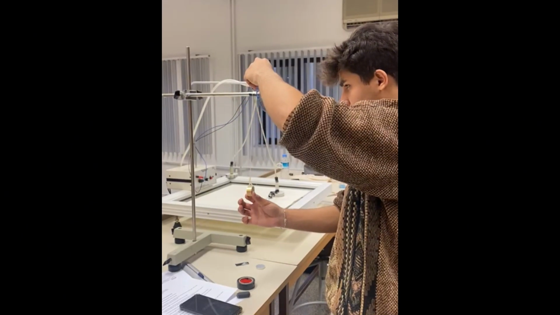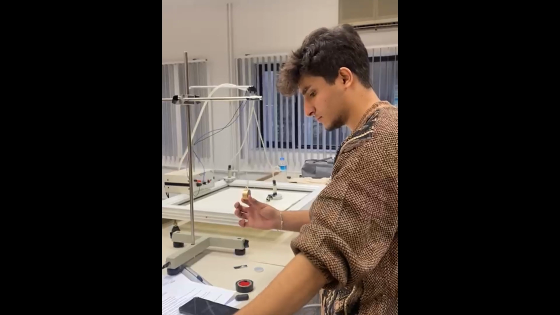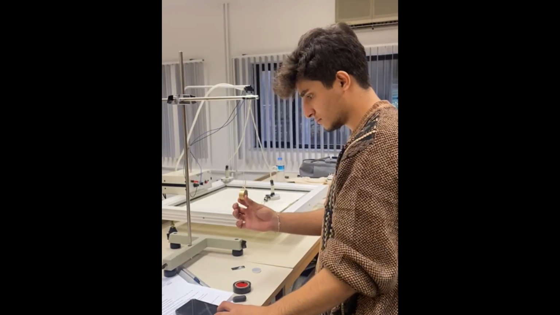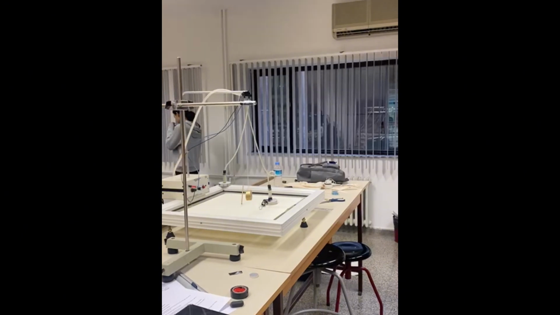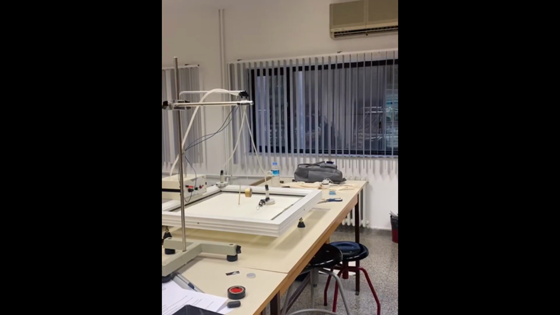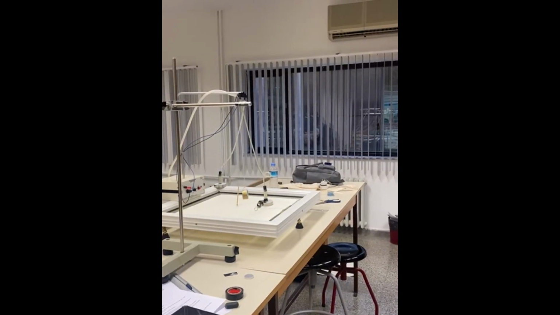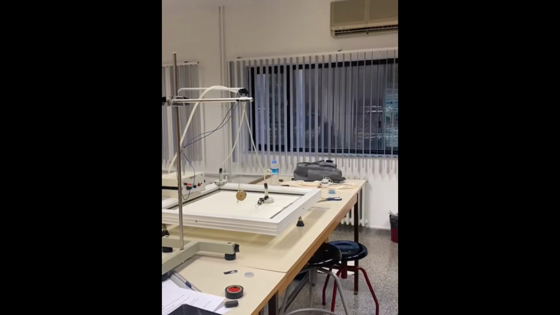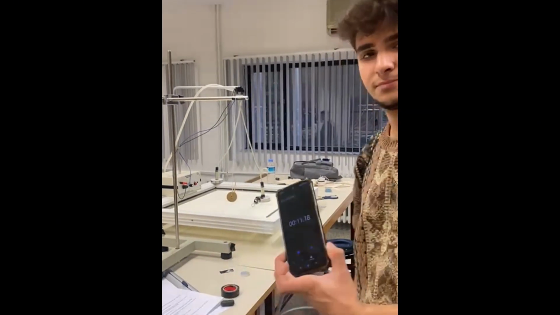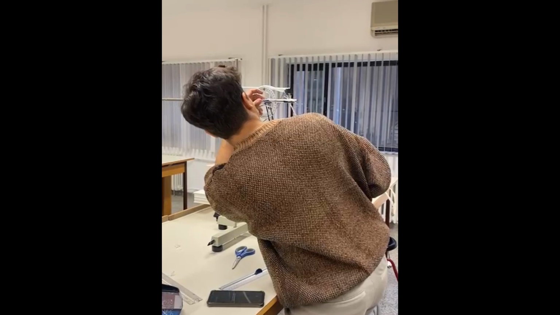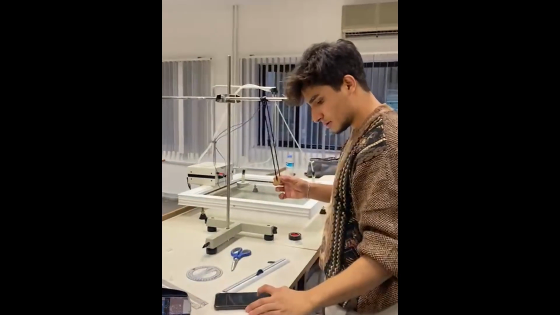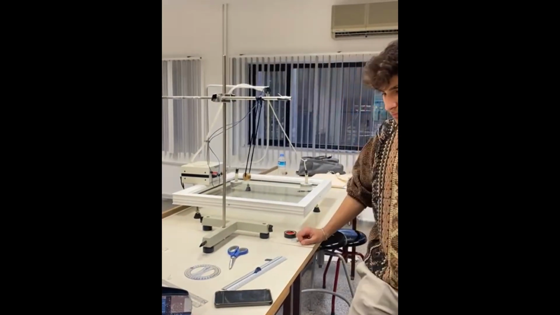In part 2, I analyzed how the change in the mass of the string affects the period. I also adjusted the angle by using a protractor to obtain better results. Here you can see the results. That is the data table for the 0.0001 kilogram string. Here I changed the mass of the string to be 0.00359 kilograms.